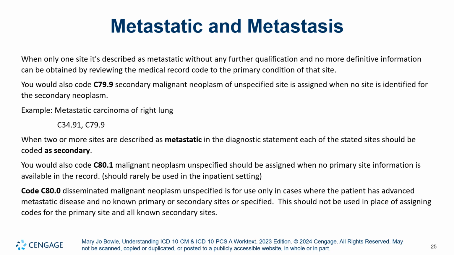So you're going to do your primary malignant of the lung, C34.91, and then you're also going to code your C79.9 because you don't know what site it metastasized to from the lung.